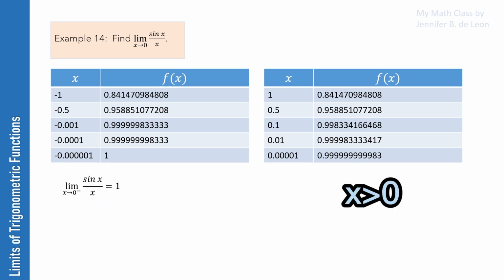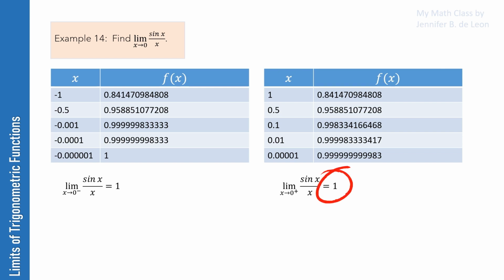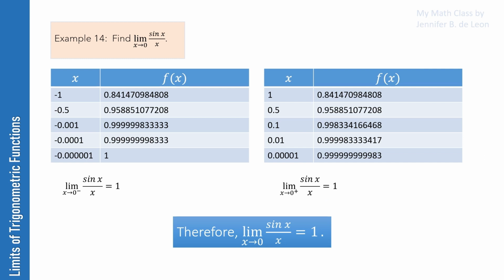Evaluating the right side limit, we will also see that as the value of x gets closer to 0, the value of f of x gets closer to 1. Hence, we say that the limit of sine x over x as x approaches 0 from the right is 1. Since both sides of the limit are equal to 1, therefore, the limit of sine x over x as x approaches 0 is 1.